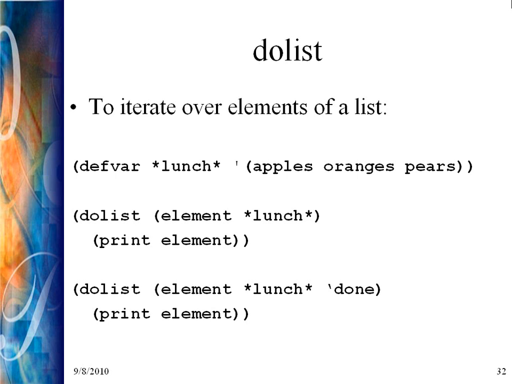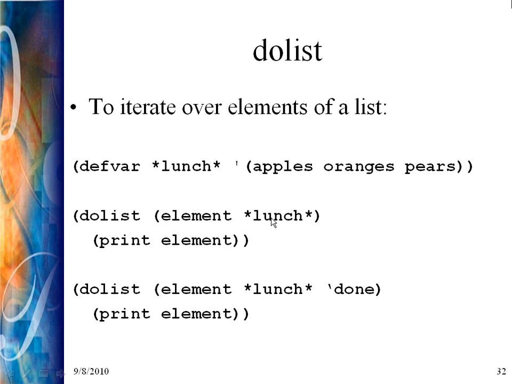So here we have, we've defined the variable lunch to be the list apples, oranges, and pears, and the dolist form has an iteration variable, which is called element here.